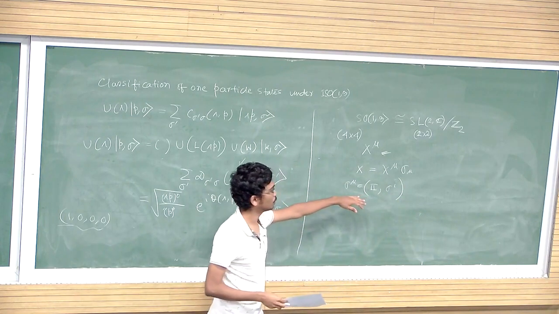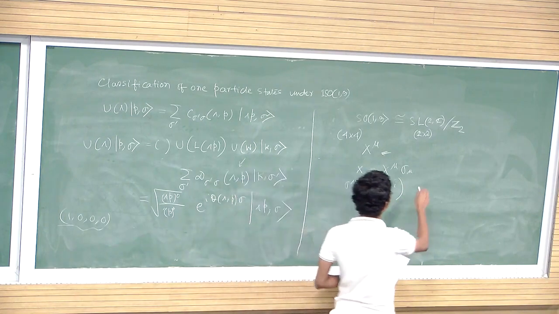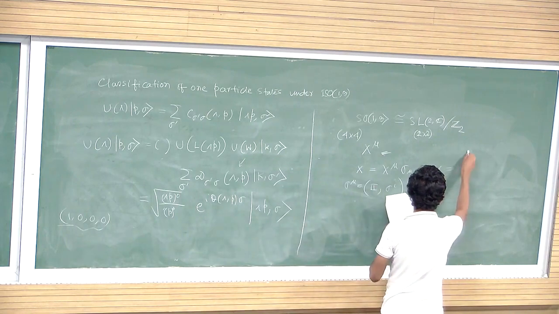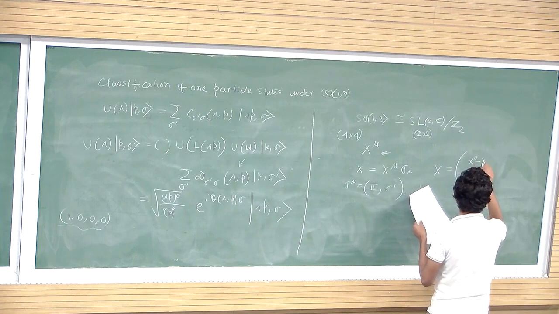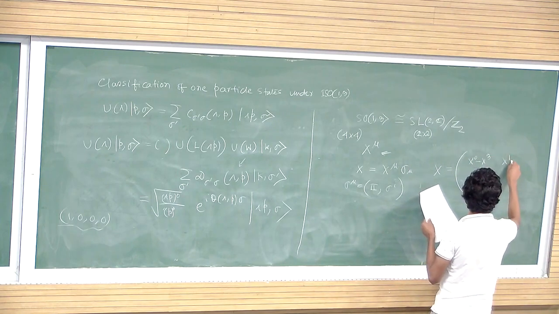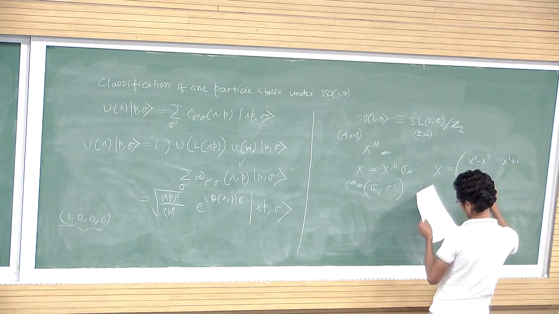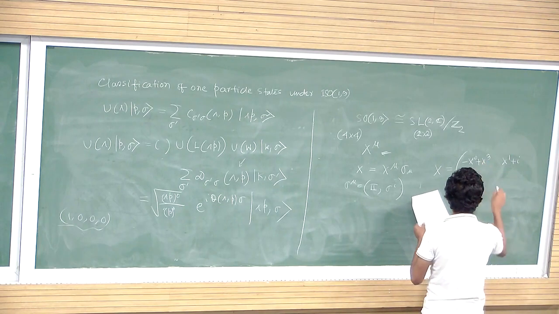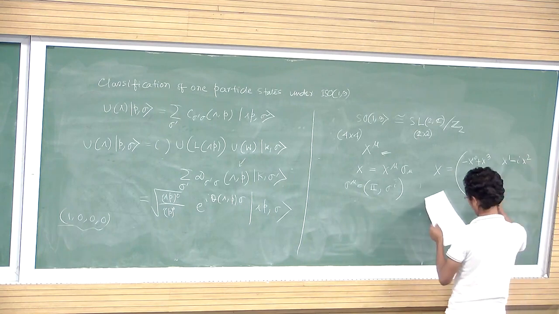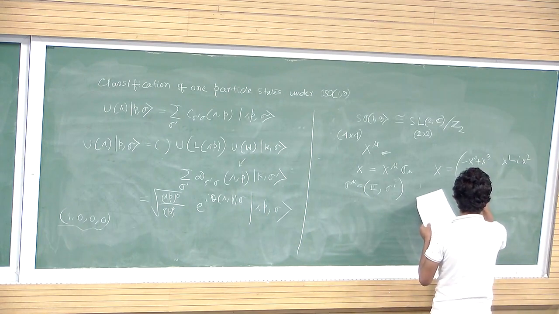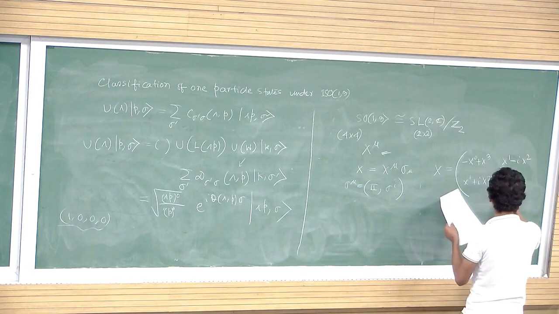Then using this, you can write this capital X as the matrix with entries x0 minus x3, x1 plus i x2, then x1 minus i x2, and x0 plus x3.